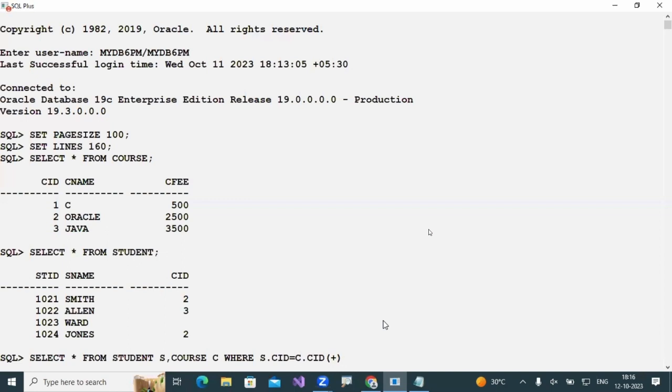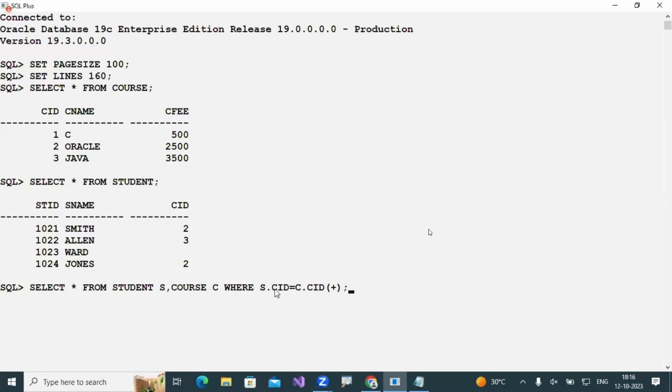That's it. So this is what now? A non-ANSI join. So here, how to find out this join operator?